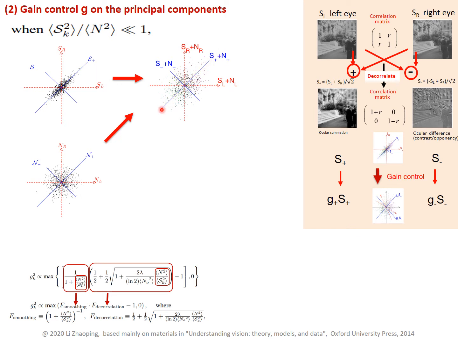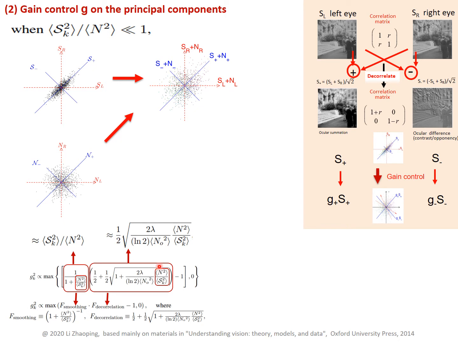With low signal to noise, this factor is just approximately this, since the denominator is dominated by this term. And this factor is approximately like this.